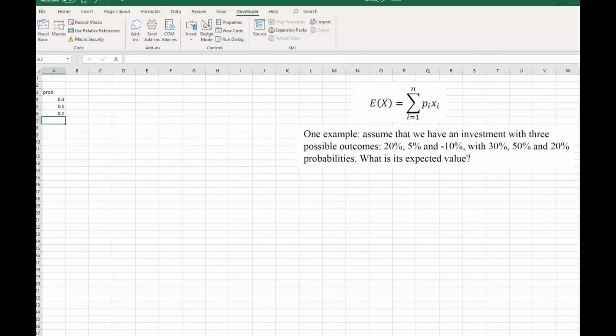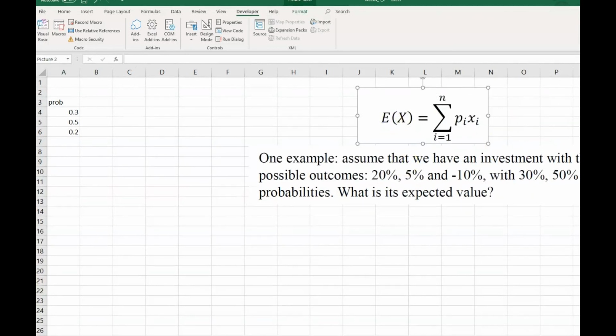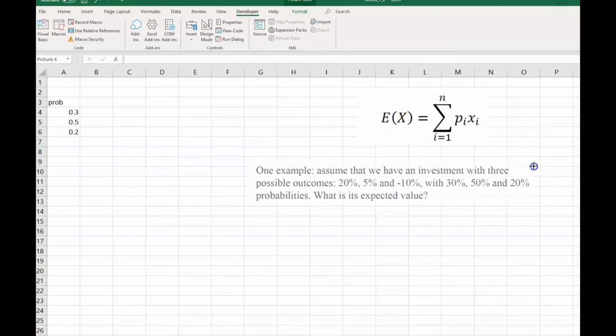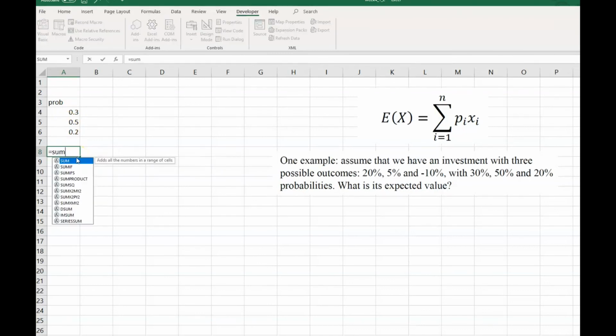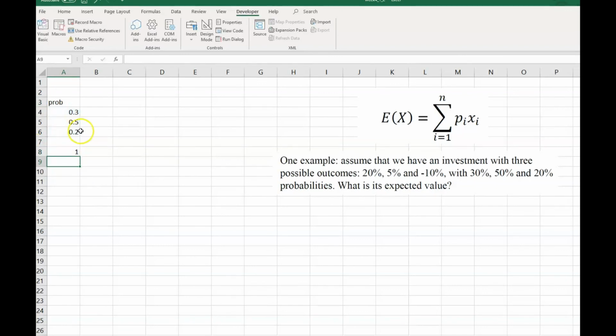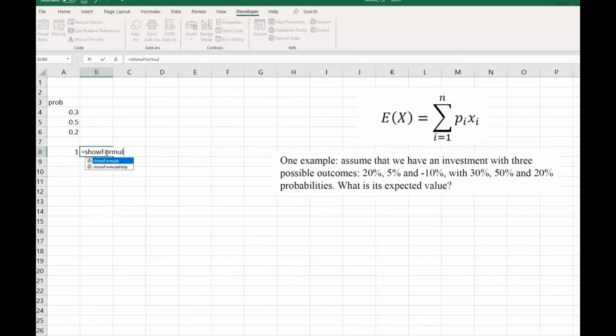Let's make it bigger. And also the summation should be 1 because this is basic. So I'm going to make show formula available.